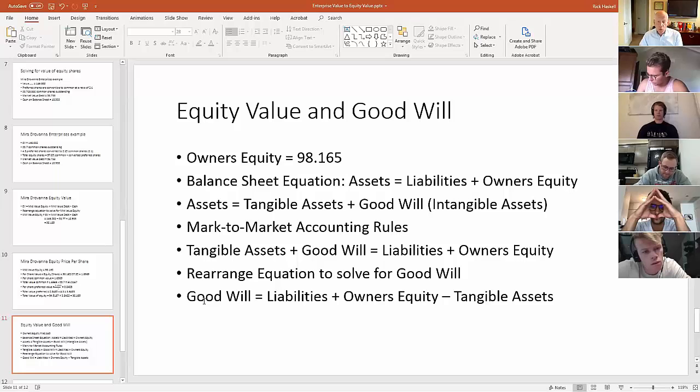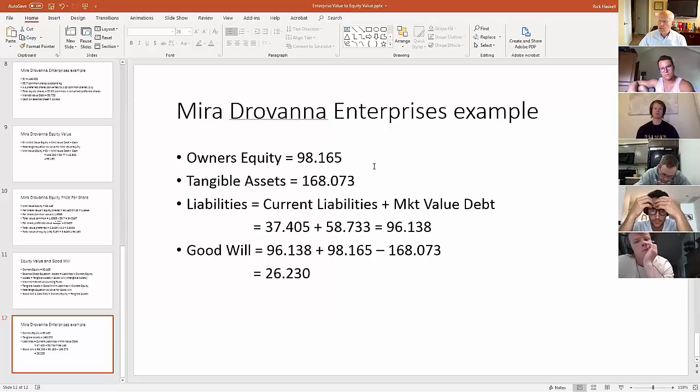But we don't know what the goodwill is. And the goodwill is the value it embodies greater than the value of the tangible assets it holds. So to calculate this, goodwill is going to be equal to liabilities plus owner's equity minus tangible assets. In this case, we can plug in the Miragiorana values and run the equation, and we can then see that the goodwill for that company is 26.23.